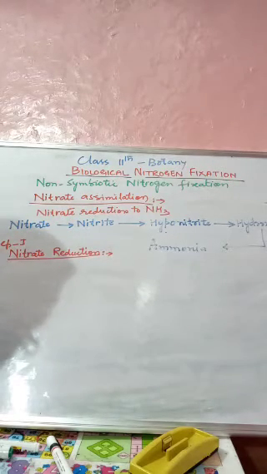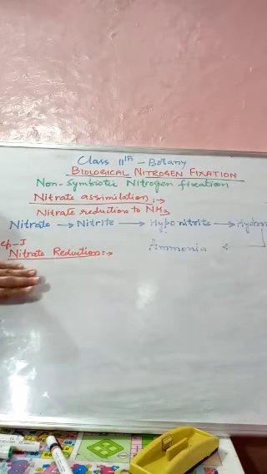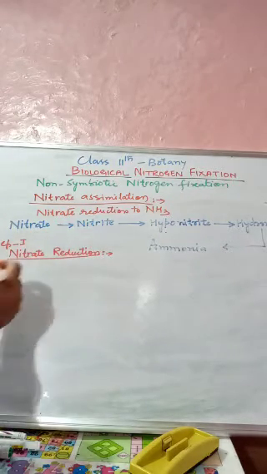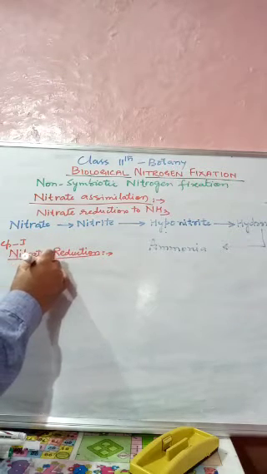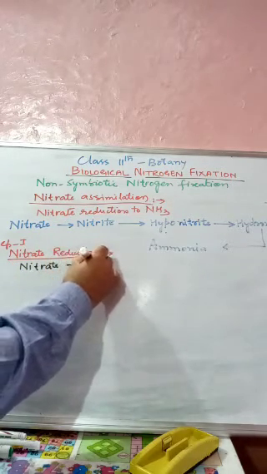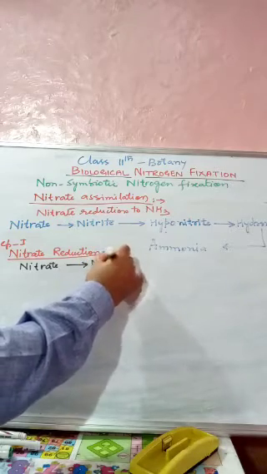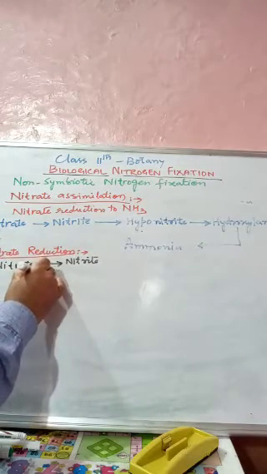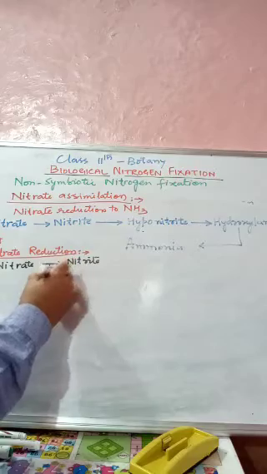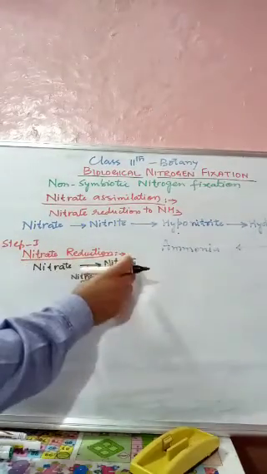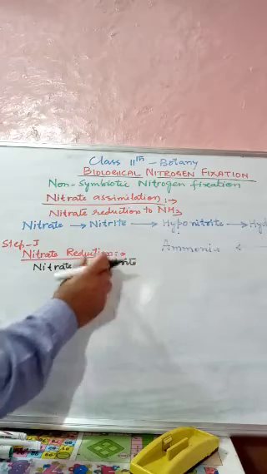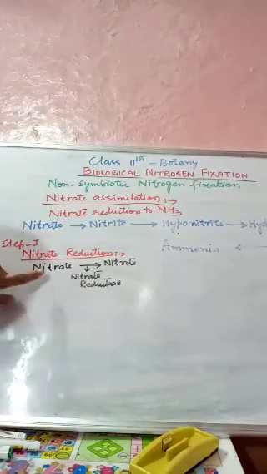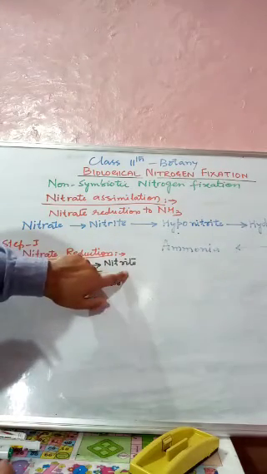In this first step, nitrate is reduced to nitrite by an enzyme. What is that enzyme known as? That is called nitrate reductase. Nitrate is reduced to nitrite by the enzyme nitrate reductase, which reduces nitrate into nitrite.